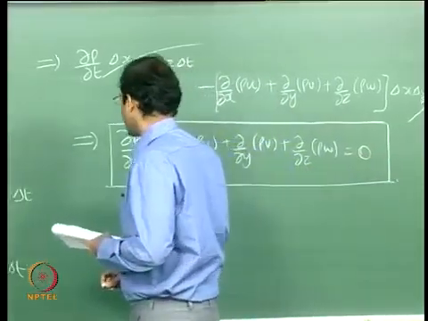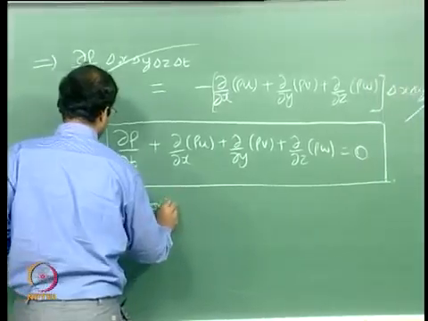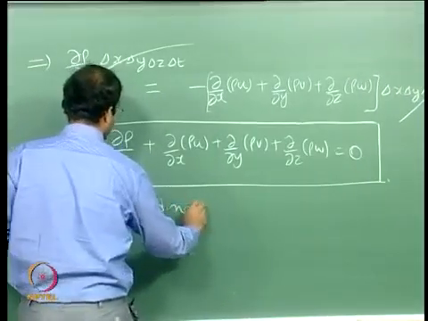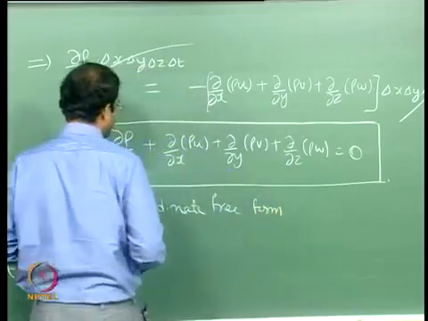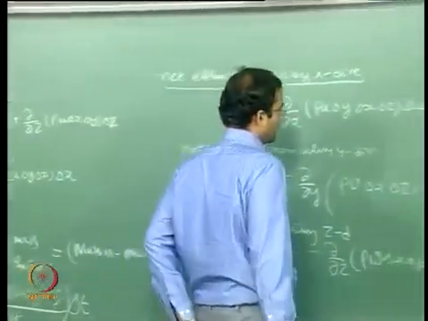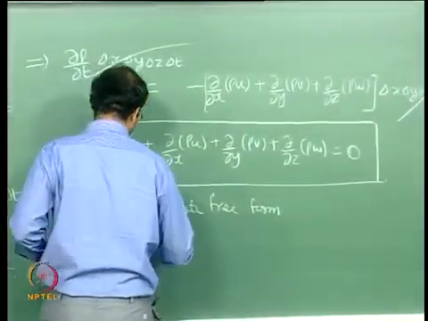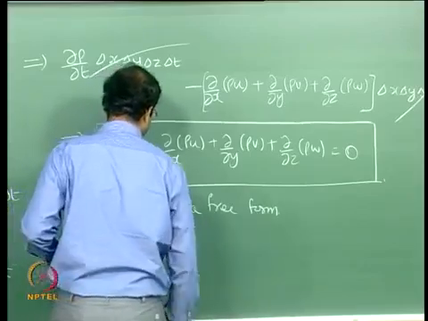In a coordinate free representation, instead of deriving this for different coordinate systems, you can write this in a coordinate free form as follows. You can take the derivative with respect to time and write it as it is.